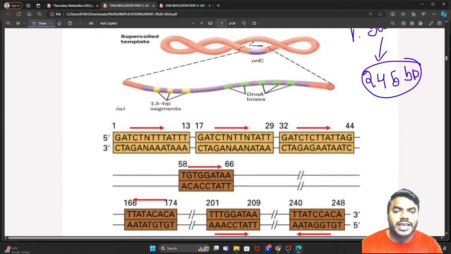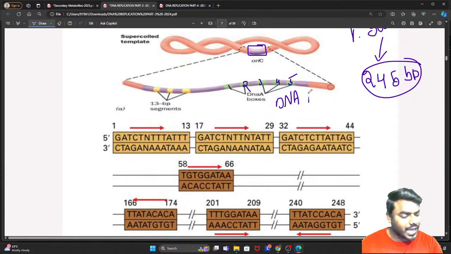So this is what exactly the ORC is, friends. When we magnify the ORC, as I told all of you, there is a presence of 5 boxes, 1, 2, 3, 4, 5 DNA boxes. We generally call them the DNA A boxes. On the left hand side, there are 3 more boxes present.